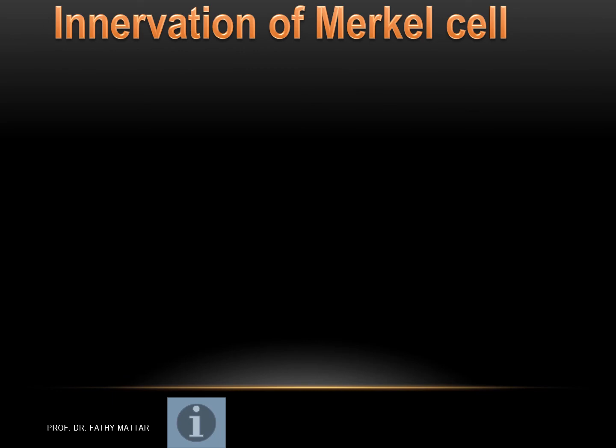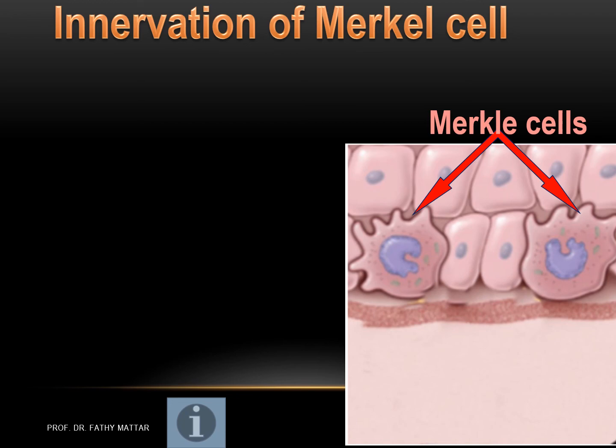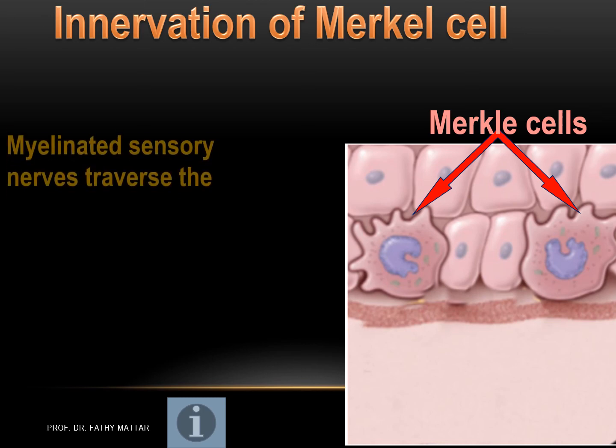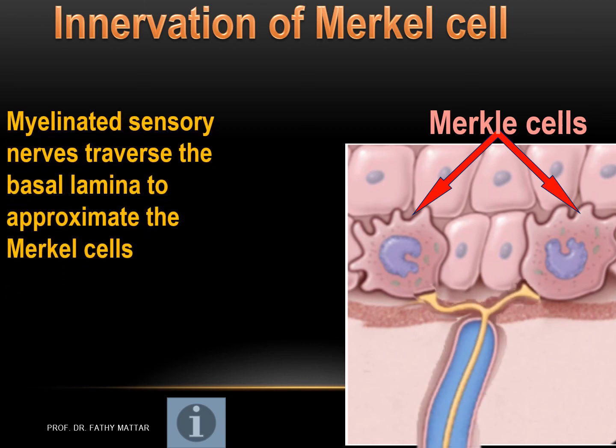Innervation of Merkel cell. The Merkel cells are found in the basal layer of the epidermis. They are connected to a myelinated sensory nerve that traverses the basal lamina to approximate the Merkel cells.